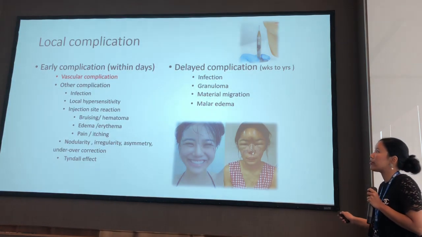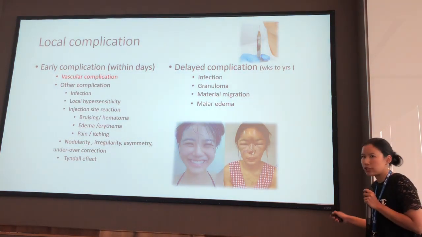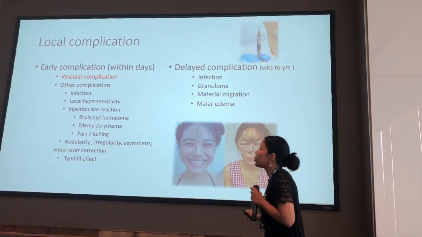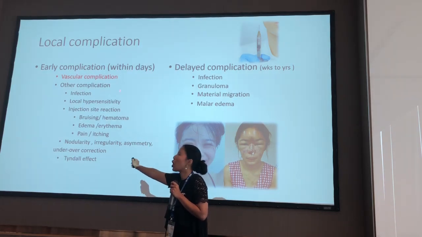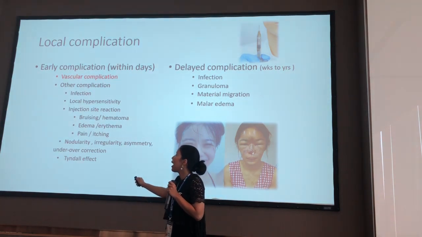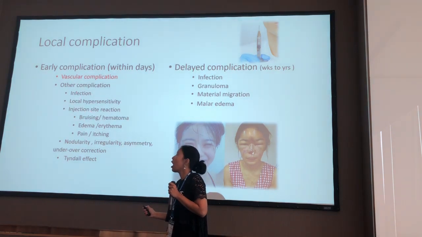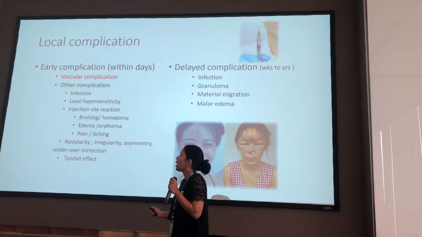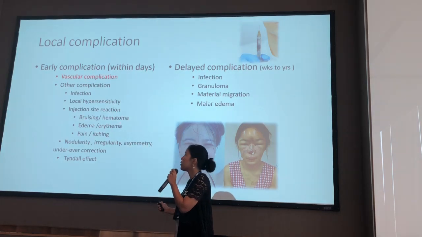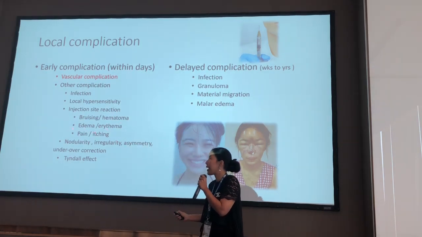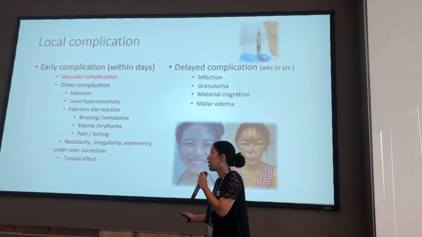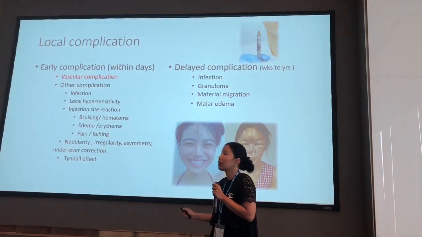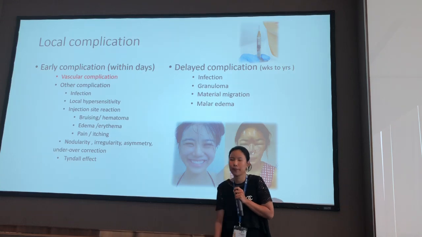It is very easy for detection, differential diagnosis, and management. For the early complications, the top one here does not happen often, but it costs you a lot if it happens. It's the vascular complication. The other early complications that you can detect are infection, local hypersensitivity, injection site reactions like bruising, hematoma, edema, erythema, pain and itching, nodularity, irregularity, asymmetry, under- or overcorrection, or tendon effect.